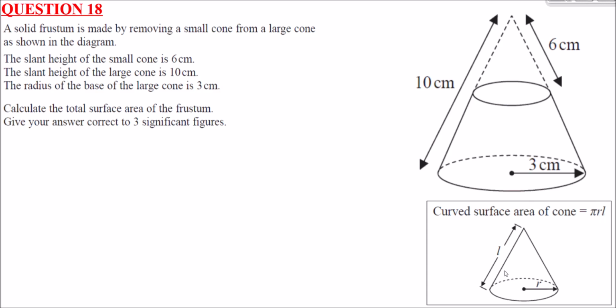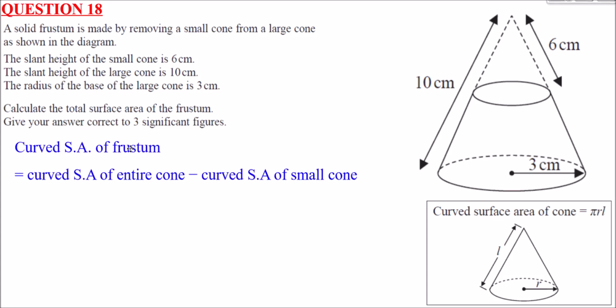So first of all, let's consider the curved surface area of the frustum. What curved surface area would remain after we cut the top cone away from the full cone? Well, I would suggest that the curved surface area of the frustum is simply going to be the curved surface area of the entire cone minus the curved surface area of what's been removed, basically minus the curved surface area of the small one.